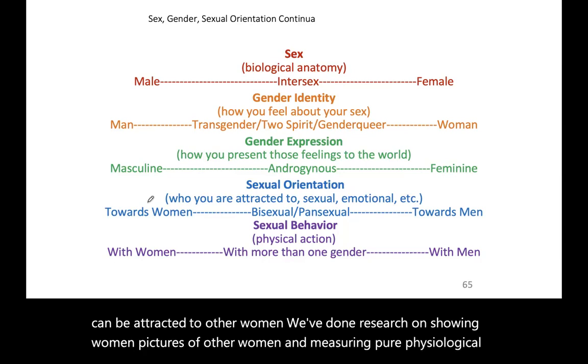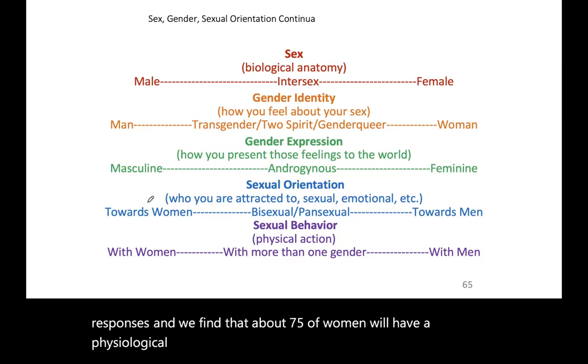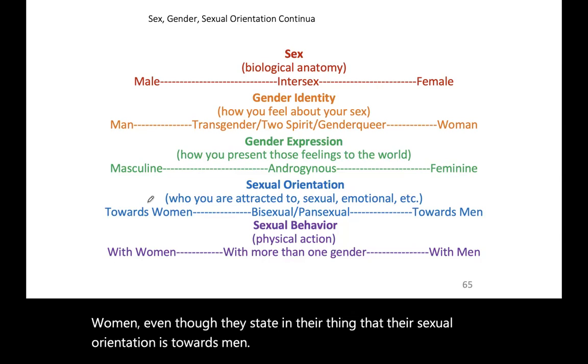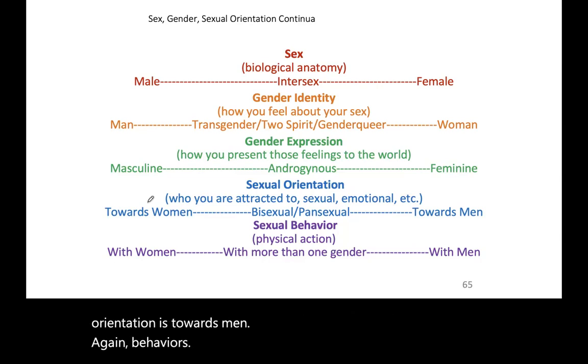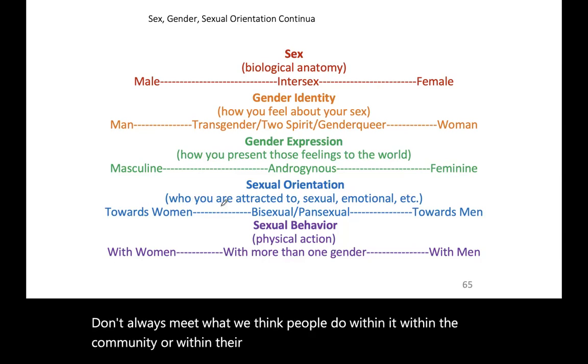We find that about 75% of women will have a physiological sexual response to pictures of attractive women, even though they state that their sexual orientation is towards men. So again, behaviors don't always match what we think people do within the community or within their claimed orientation.